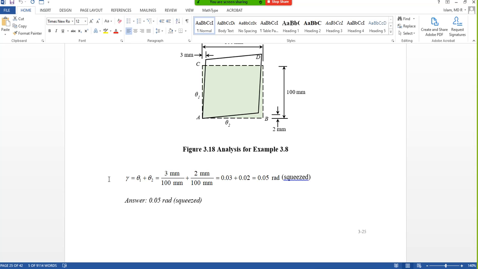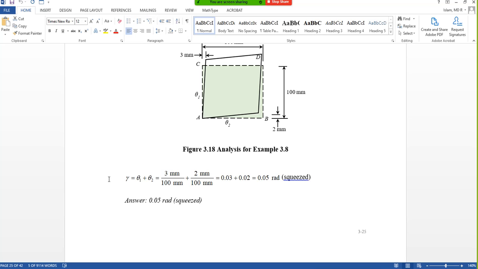Let me check it with my calculator to show you. If I use tan inverse 0.05, I got 2.86 degrees, divided by 180 times 3.14, gamma.